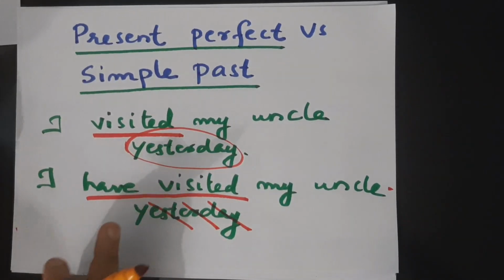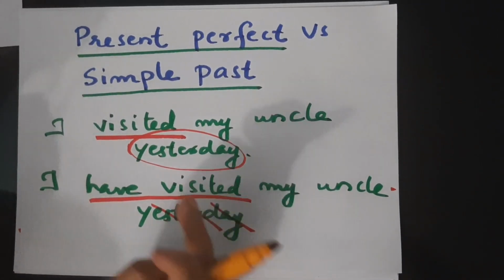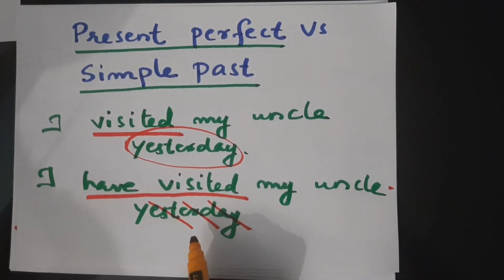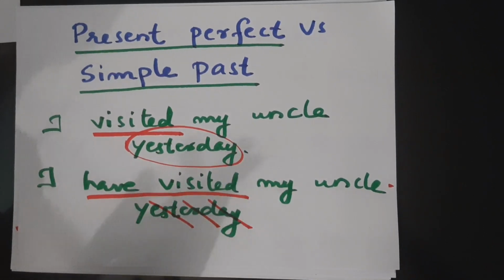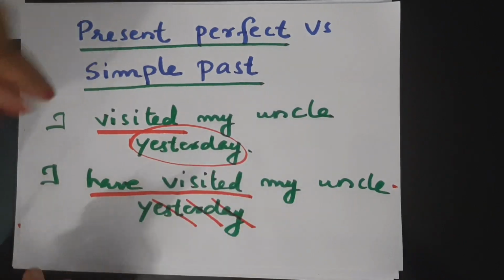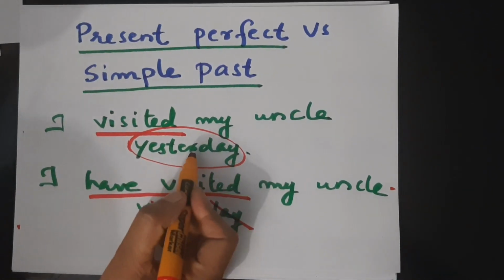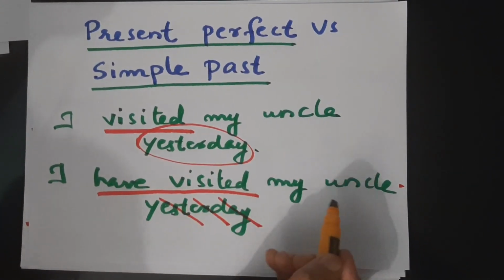So when you use simple past tense, you should definitely use the point of time, that is yesterday. But when you use present perfect, the point of time is not compulsory. Okay, so if you are referring to the point of time, you can use simple past tense. But if you're not mentioning this point of time, you can use present perfect tense.